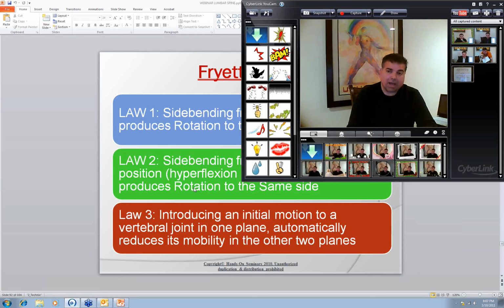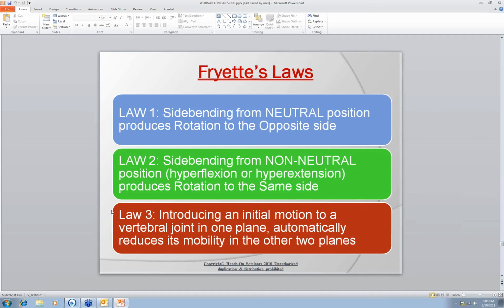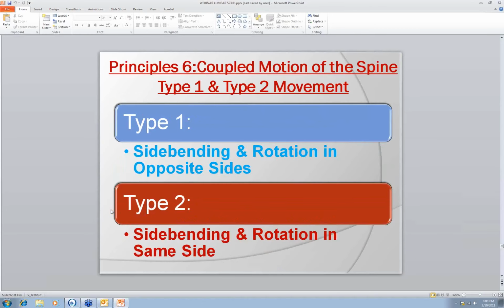My normal rotation, if I just do rotation, is whatever, 80 degrees, 90 degrees of rotation of my neck. If I first introduce side bending and then I induce rotation, the rotation is decreased because I first introduced the side bending. So that is another of Fryette's laws.